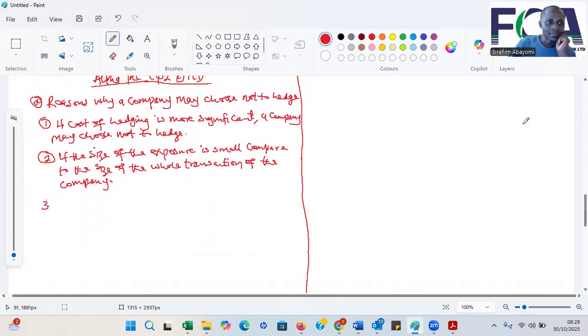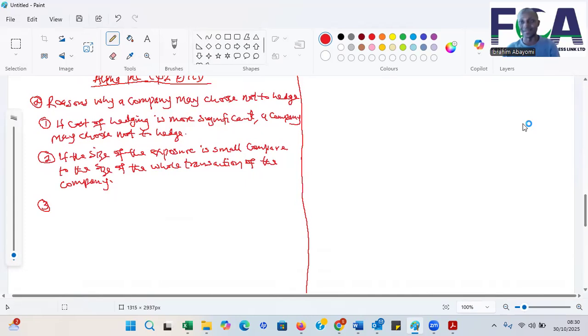Number three is the attitude to risk. Your attitude to risk may also determine whether you are going to hedge your transaction or not. If you are a risk taker, you may decide not to hedge, taking a risk that exchange rates may move in your favor.